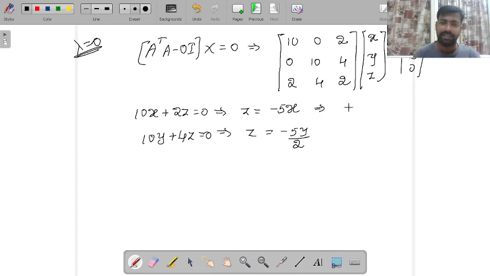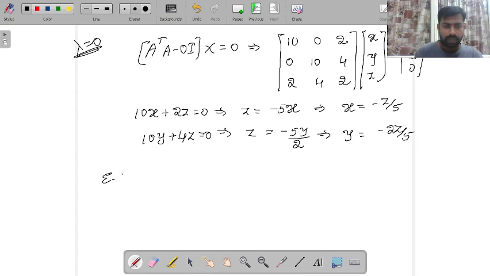Let me express x and y in terms of z. That is better. x will be negative z by 5, and y will be negative 2z by 5.